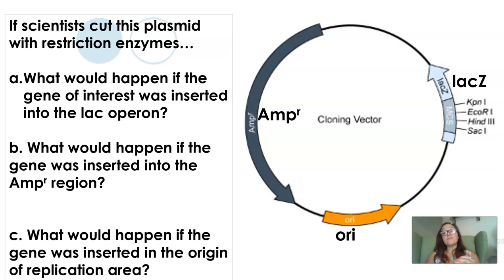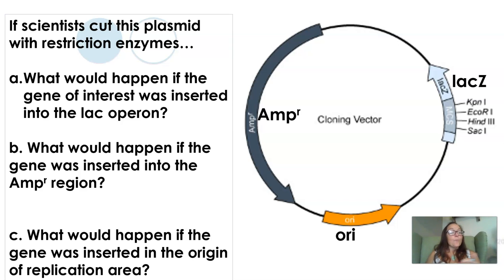And the answer is no, because the LAC-Z gene was disrupted and it won't make the enzyme, because now you've literally cut in the middle of a gene and put human DNA in there and mixed it up. So now the bacteria won't be able to digest lactose. You just disrupted its region that codes for lactose.